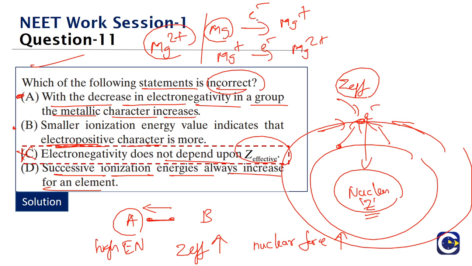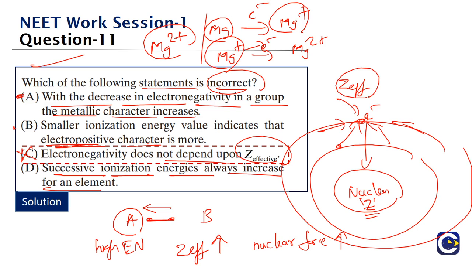When we remove the first electron, we form Mg+, a cation. When we try to remove an electron from a cation, which is already positive, that electron will not be easily given away. In the case of Mg, we remove the electron from the neutral atom, but here we remove it from an already formed cation, so the energy requirement will be more.